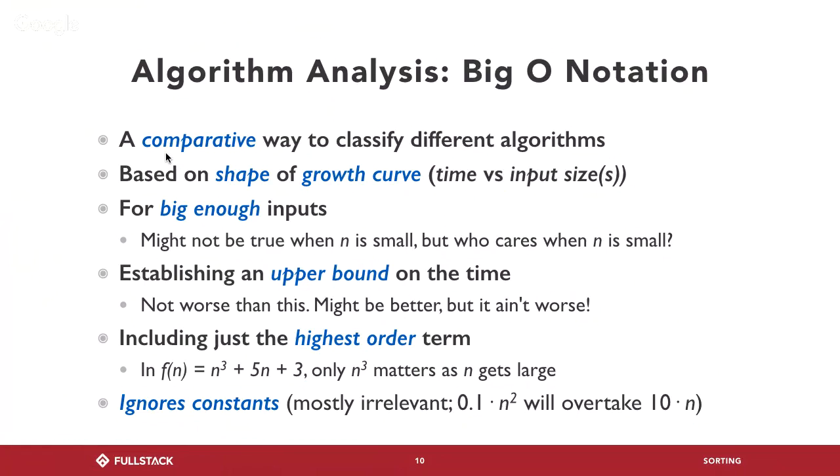Let's say theoretically we had an algorithm where, based on the number of items you have, n, the amount of time it takes is n to the third power plus 5n plus 3.